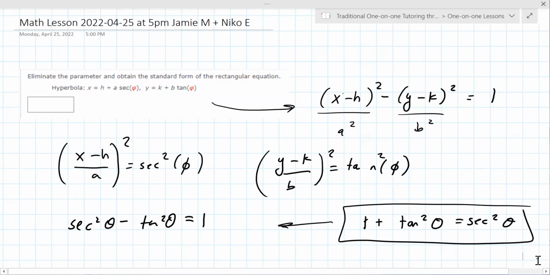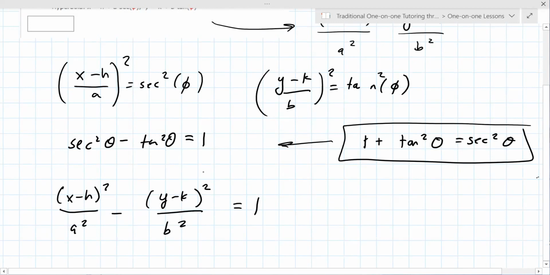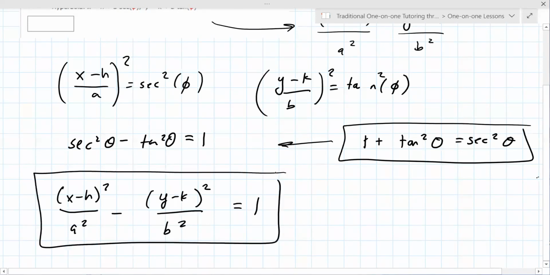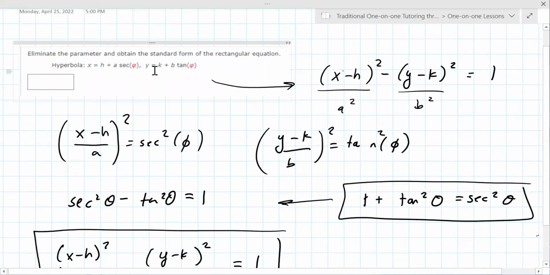But let me just finish this off. So you get x minus h squared, because you would square the numerator, over a squared minus y minus k squared over b squared equals 1. And that's probably what they want. You got to use that Greek letter. I couldn't tell you what it is. You can search Wikipedia or something if you're not sure, because you do have to type it.